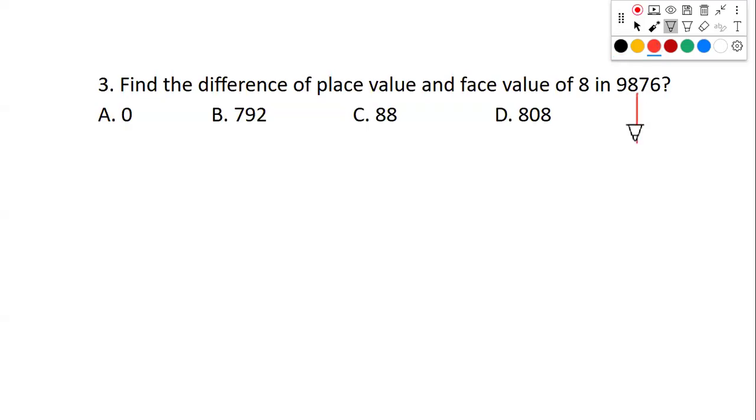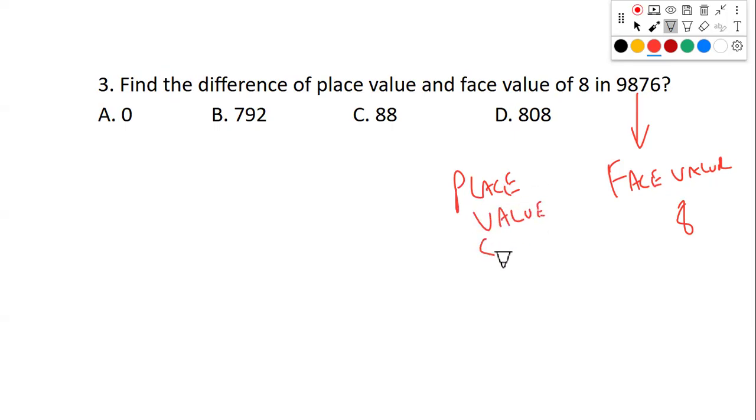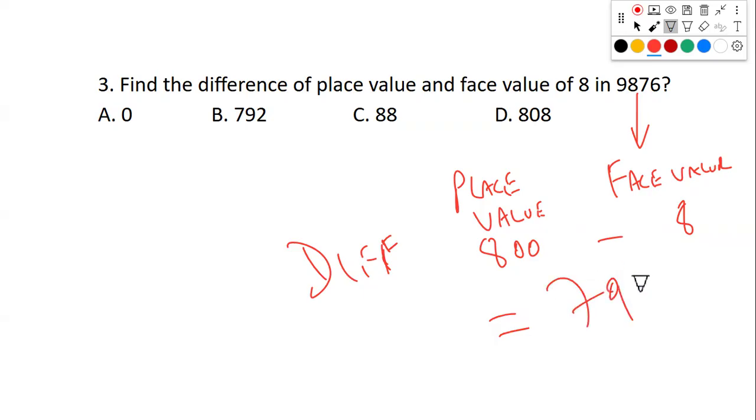But what is the place value? It is in the hundreds place, so it becomes 800. Now you have to find the difference: 800 minus 8 is 792.